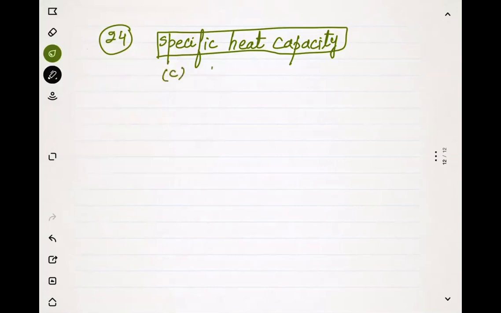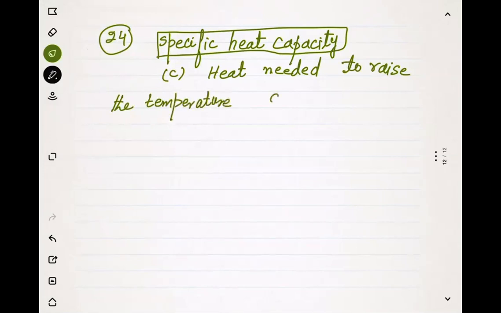It was basically the heat needed to raise the temperature of a unit mass by 1 unit.